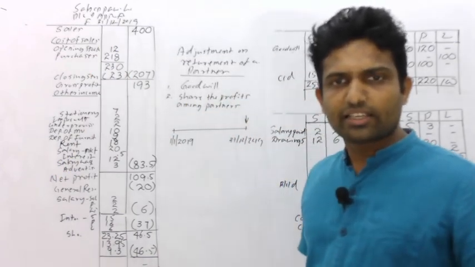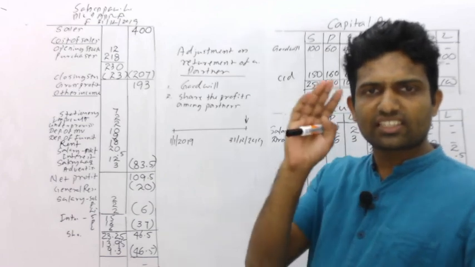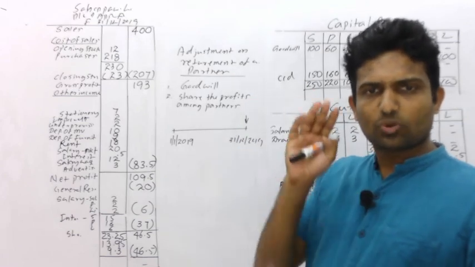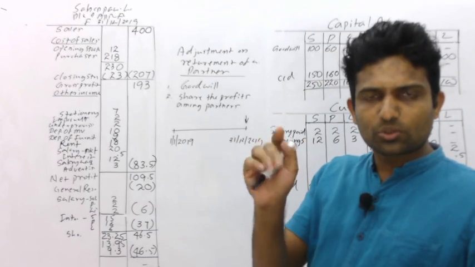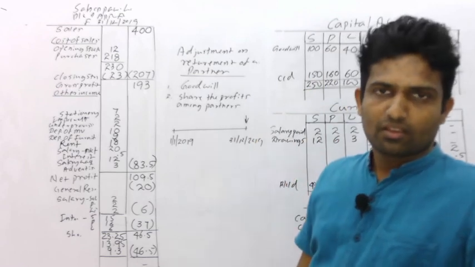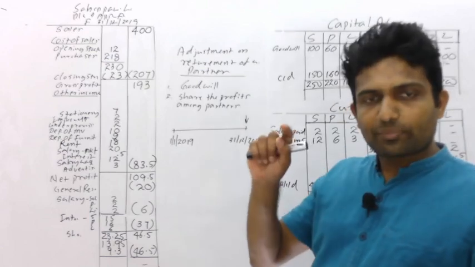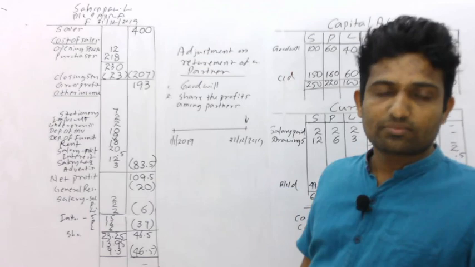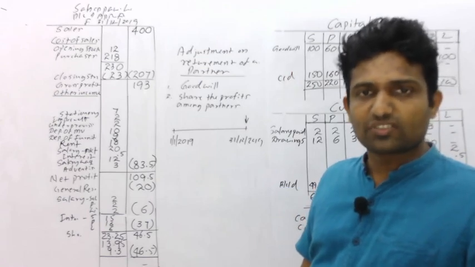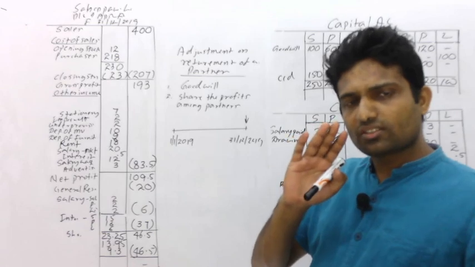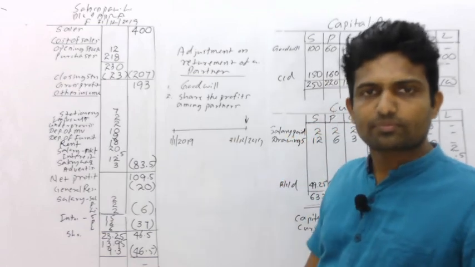See, partners are A, B and C. If C retires at the end of the year, for the existing year also C was a partner, because he retires at the end of the year. But if C retires at the beginning of the year, he was not a partner for the current year.